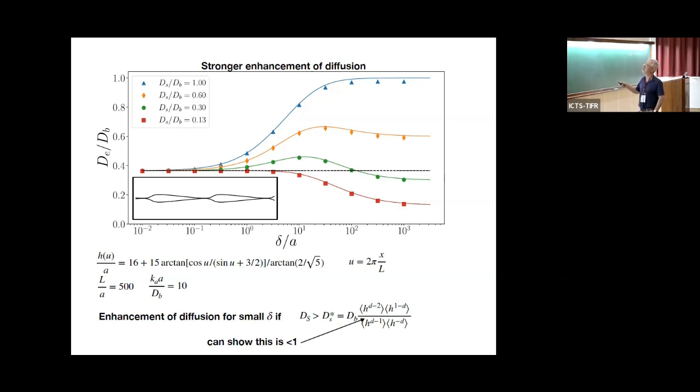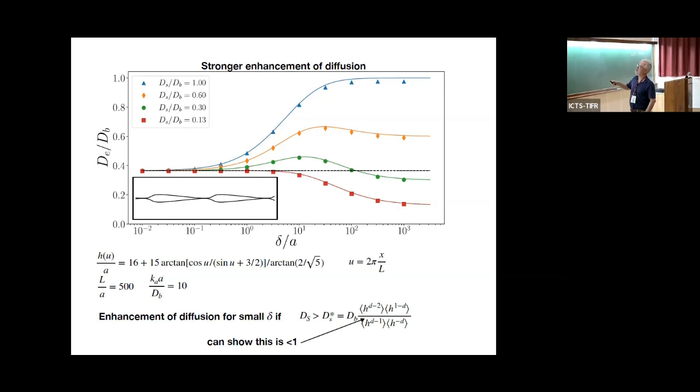What I claim is not very physical, but you can see as it varies, you can get a range, and in all of the cases the diffusion is enhanced. For this particular channel, the diffusion is always enhanced, even as you increase delta. In this case, if you stick to the surface, it doesn't matter, right? Now, obviously, in the case of the spheres, if you stuck to the surface, this was bad for diffusion, okay? But in a channel of this type, you get this effect here, okay?